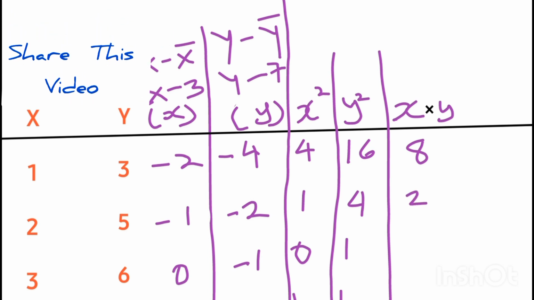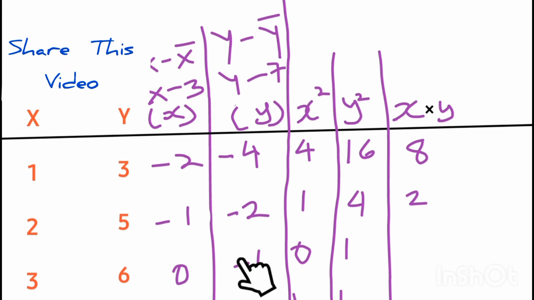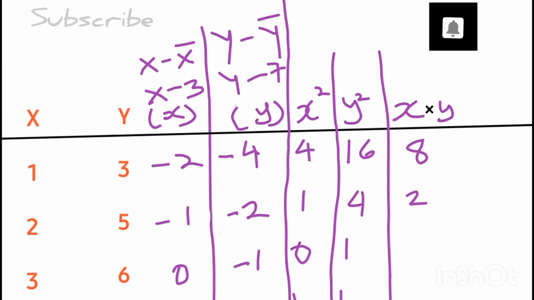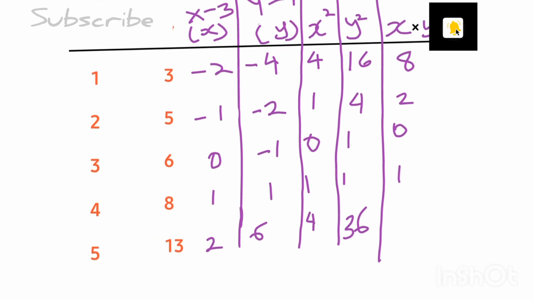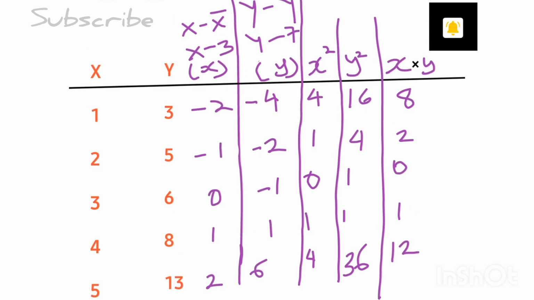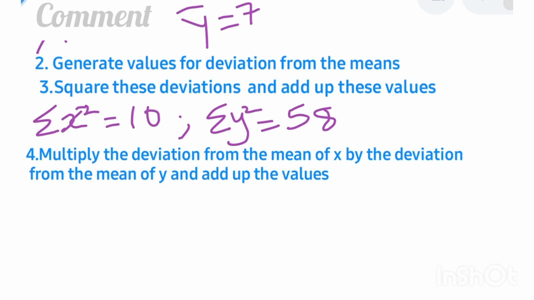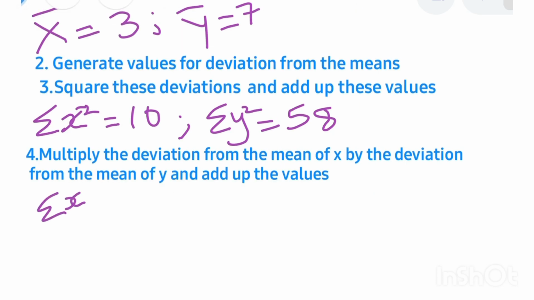Next, we have 0 times minus 1, of course that gives 0, right? Next, we have 1 times 1, we have 1. And lastly, 2 times 6, 12, right? And we are also instructed to add up these values. And here we go, 8 plus 2 plus 0 plus 1 plus 12. And that gives us 23. And so we record that summation xy equals 23, right?